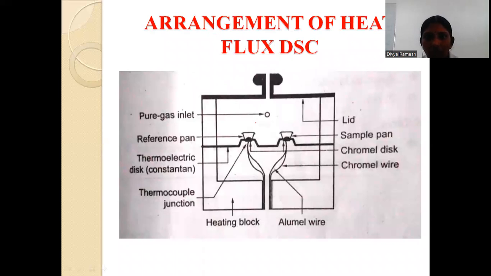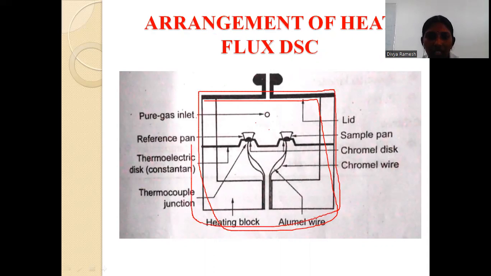This is the arrangement of heat flux DSC. This external part shows the chamber, the heat chamber. Inside the heat chamber, the sample and reference will be held in a chromel disc. The disc is made up of platinum or aluminum.